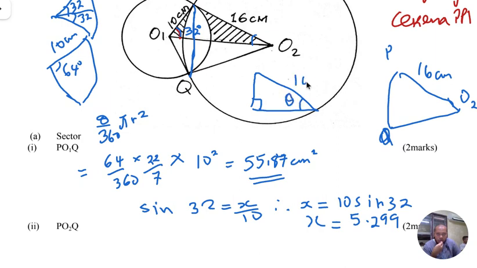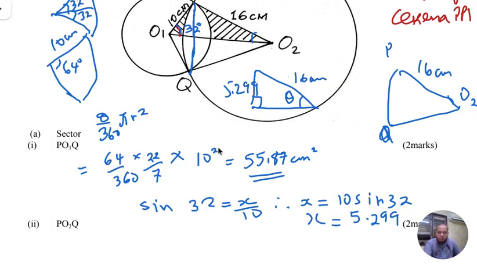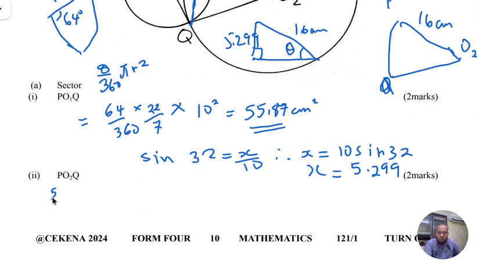Wajua hapa ni 16 na hapa ni 5.299. Sawa. So tutatafuta hii angle. Kupata hii angle tutatumia the same thing. So sin equal to opposite over hypotenuse. So tutasema ni sin theta equal to opposite yako 5.299 divided by 16.